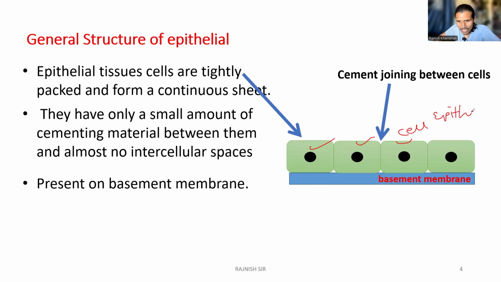Here, the cells of epithelial tissue are present on the basement membrane. What is this blue color structure you see? It's called the basement membrane. So let me draw. This is the basement membrane. On this basement membrane, the cells are present like this.